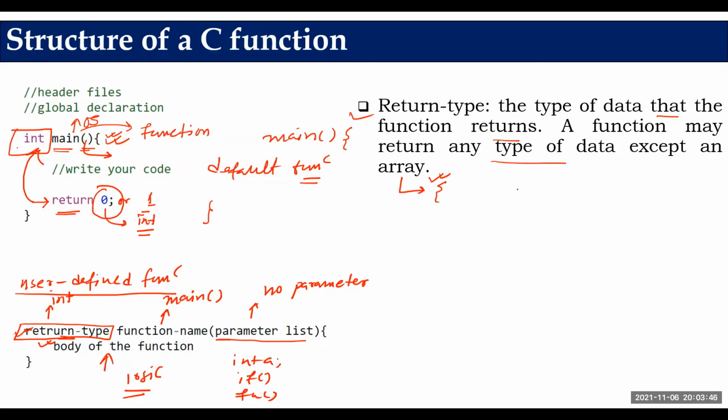An array is a list of data all together. So any type of data a function can return, such as integer, float, character, short integer, double, any type. We'll see them in detail.